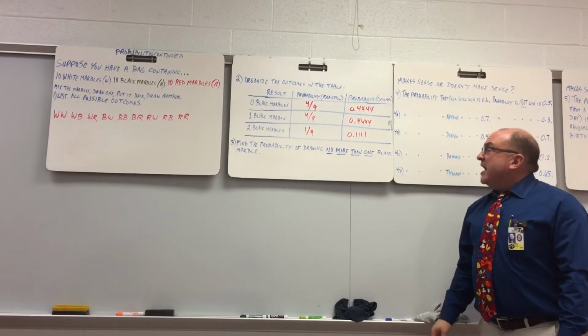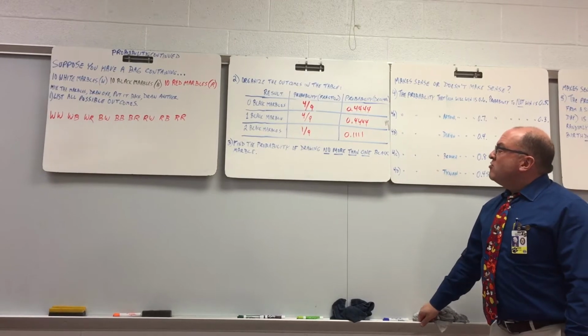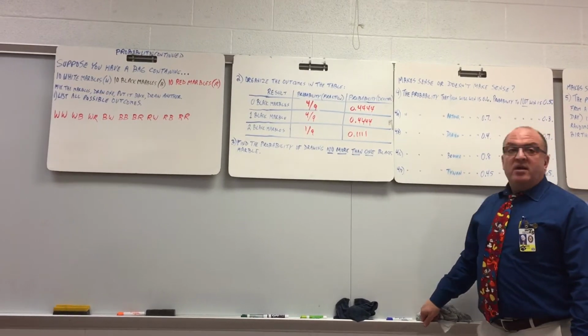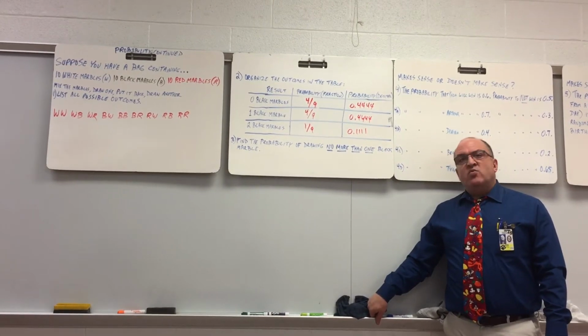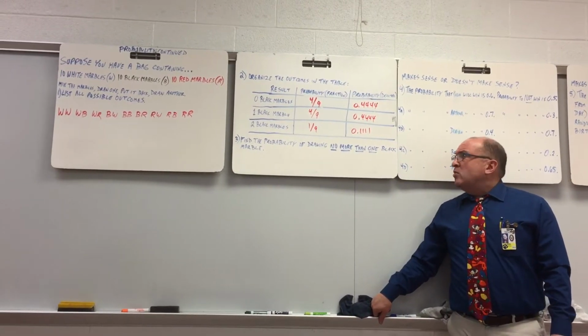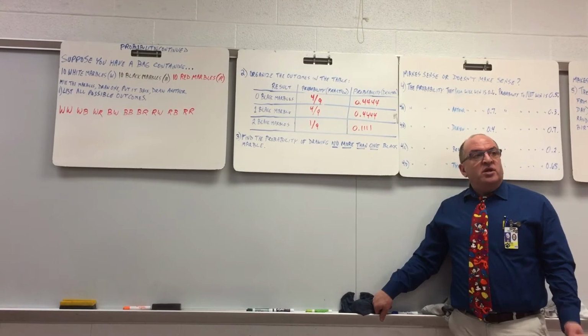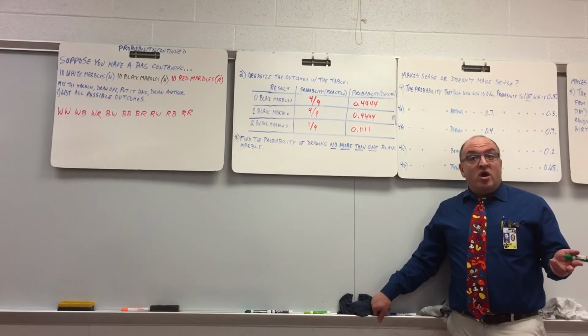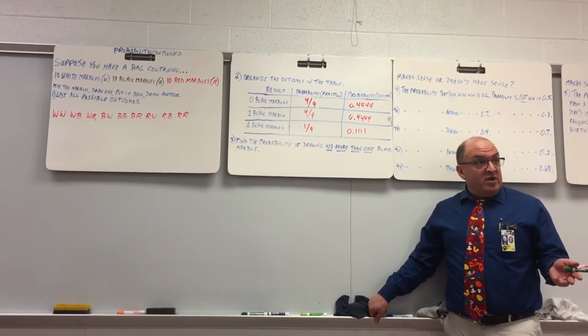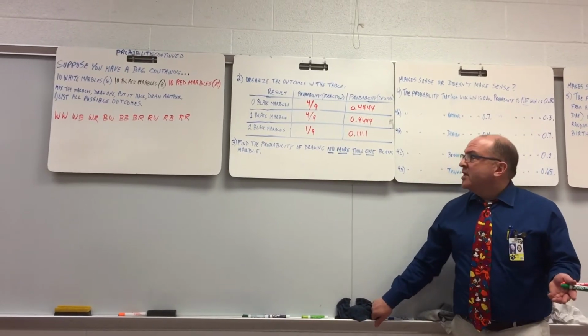Next question, find the probability of drawing no more than 1 black marble. No more than 1 black marble. What would be more than 1 black marble? 2 black marbles. So everything else is 1 or less. 0 would be no more than 1, right?